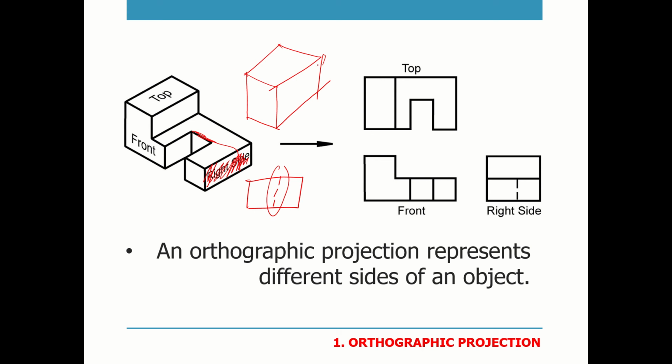a cube has got all other sides also. So for example, this side is not visible. So what we do is we try to draw it as a hidden line, saying these are actually behind, these are hidden lines.